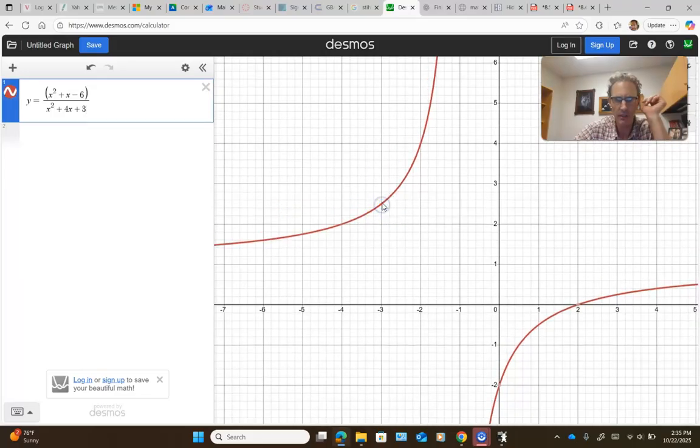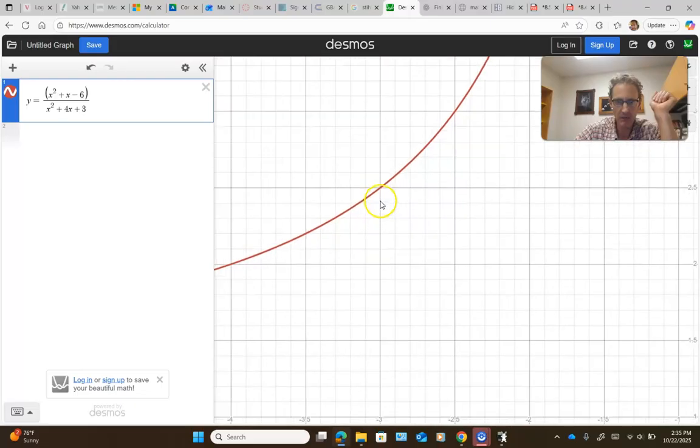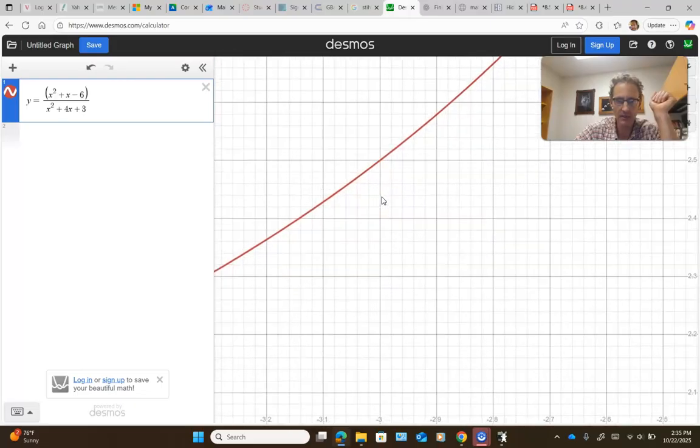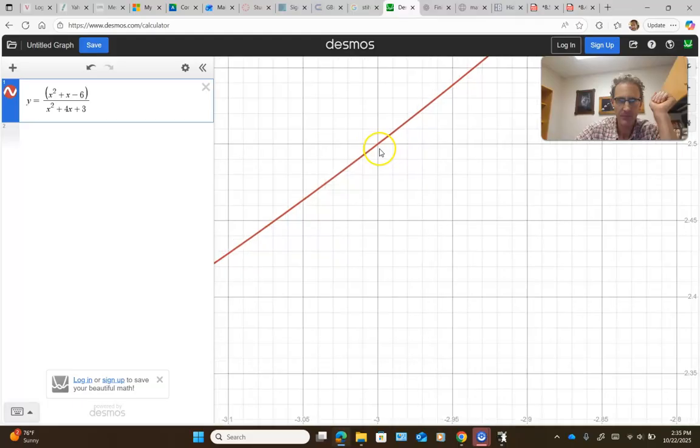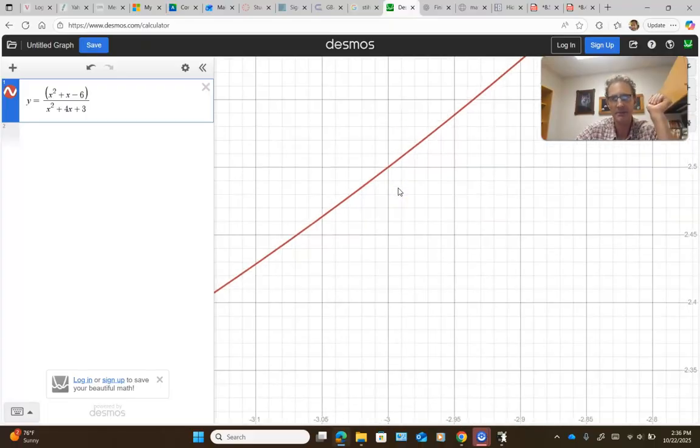Now I will click right here, but notice, look right there. When I click at -3, what does it say that y-coordinate is? Undefined. Function doesn't have a value when x is -3. But like I said, you can zoom in here forever and you're never going to see a hole. But if you click right there, you can see that it is undefined for that value.